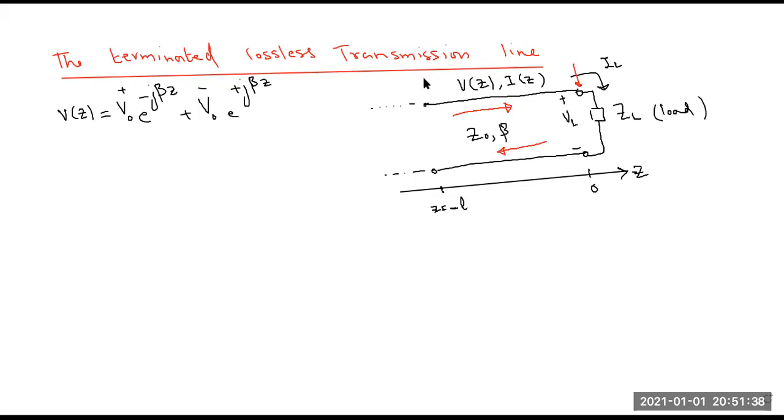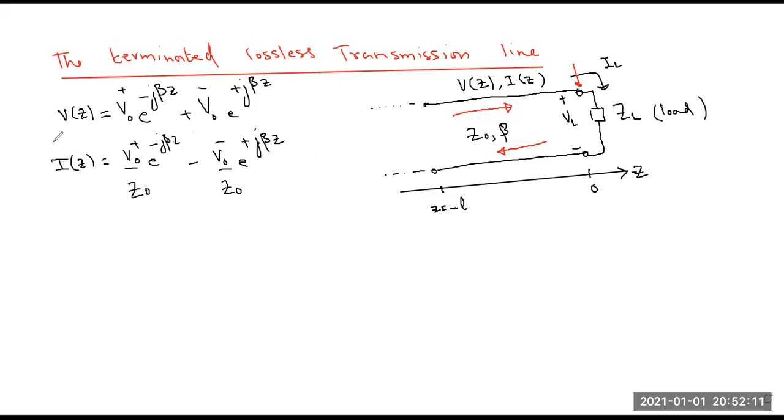And the current at any point as a function of z is represented as 1 over Z naught times V naught plus e power minus j beta z, which is representing the forward current wave, and V naught minus divided by Z naught e plus j beta z, representing the backward current wave.